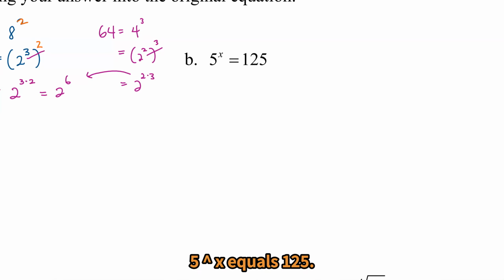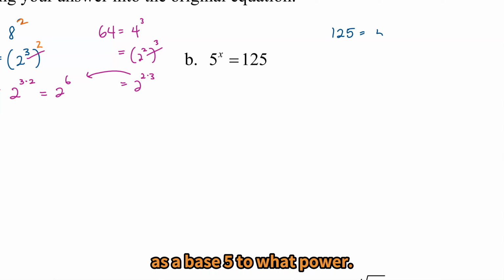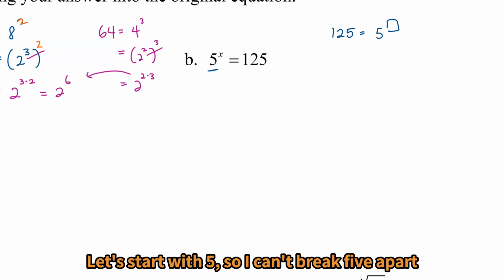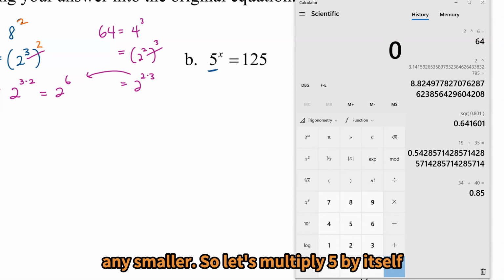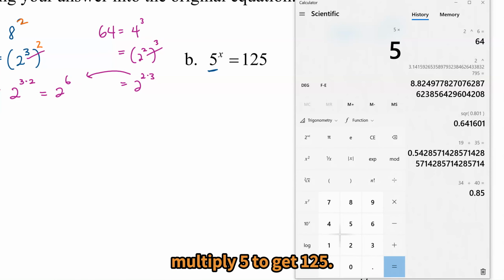5 to the power x equals 125. We need to figure out if we can write 125 as a base 5 to what power. We could do this 2 different ways. Let's start with 5. So I can't break 5 apart any smaller. So let's multiply 5 by itself and talk about how many times we have to multiply 5 to get 125.